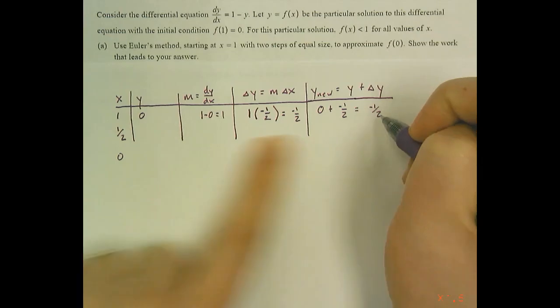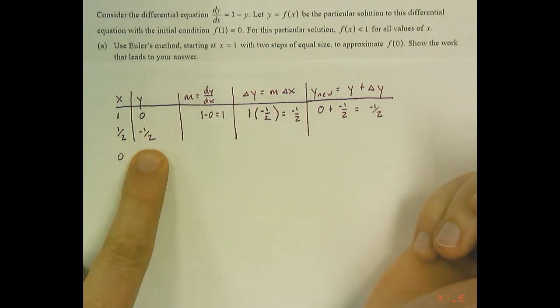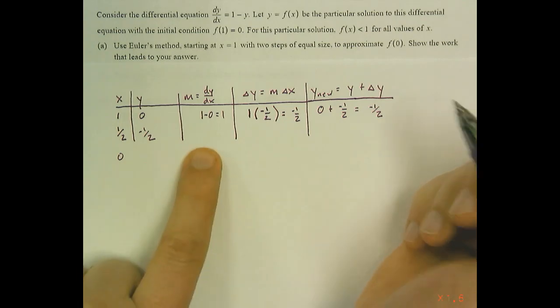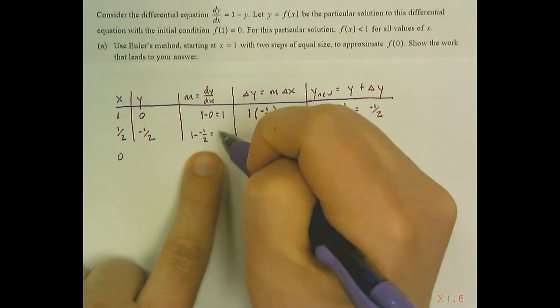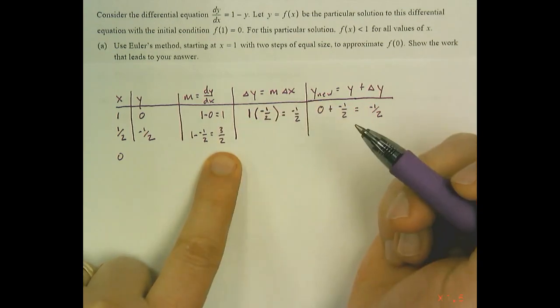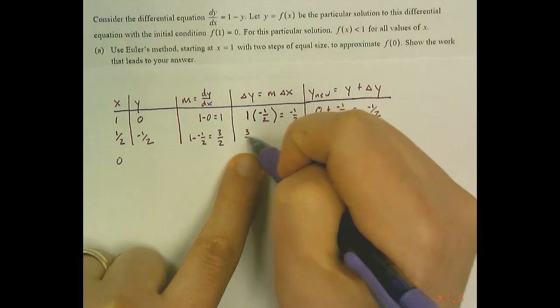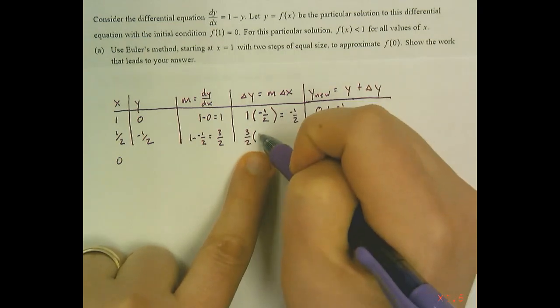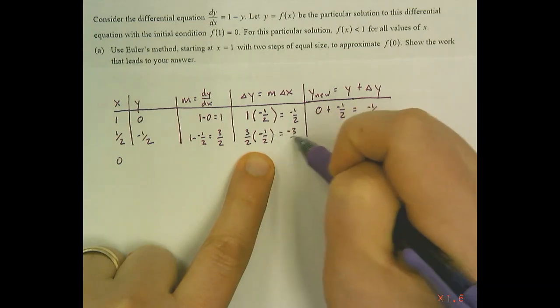That value carries down as our new y coordinate. Our slope here, 1 minus negative 1/2, is 3/2. 3/2 times our delta x, which is negative 1/2, is negative 3/4.